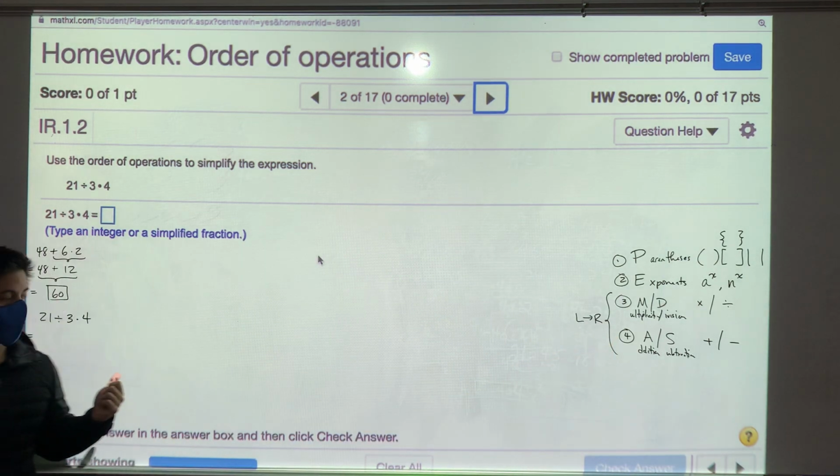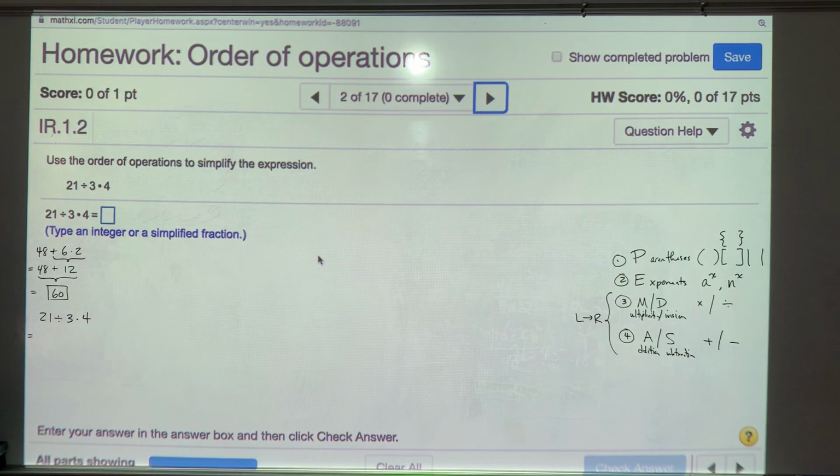So if you're looking at this problem, if you only just go, okay, parentheses, exponents, multiplication, division, addition, subtraction, you will make the mistake of doing 3 times 4 first because it's multiplication. Multiplication supposedly has to always come before division, which is wrong. In the event that you have them side by side, you need to work left to right.